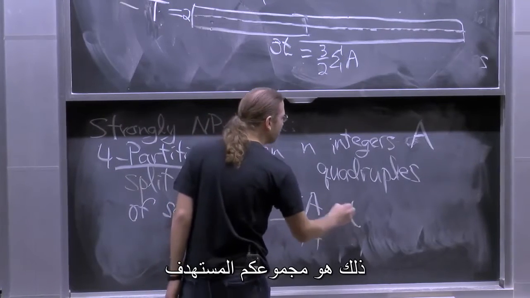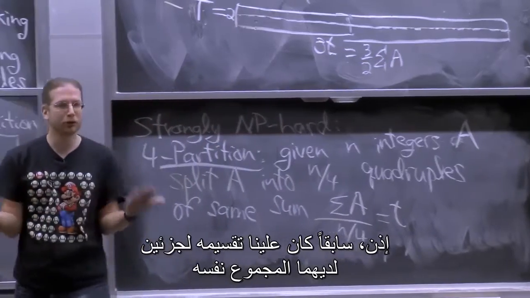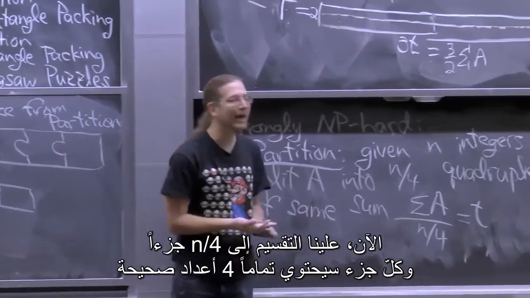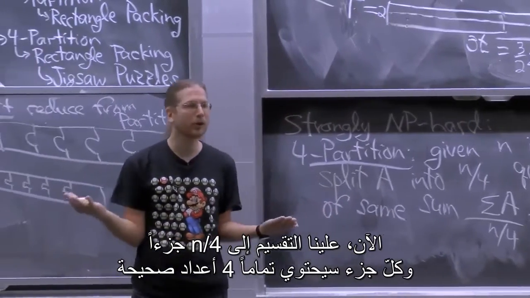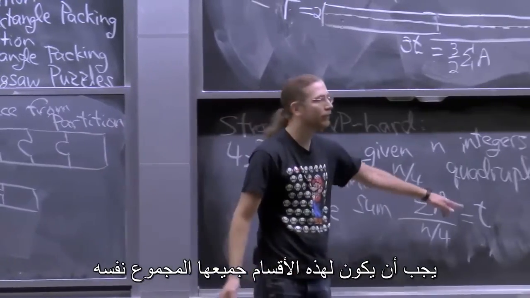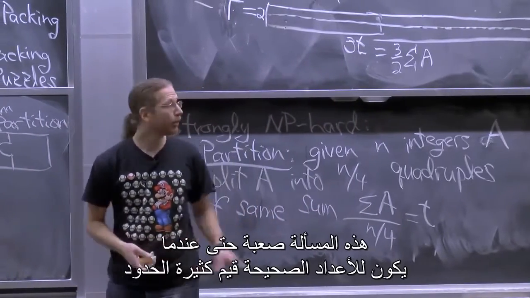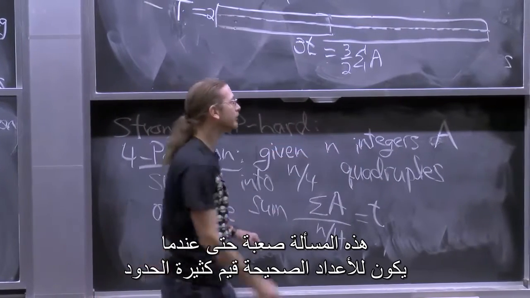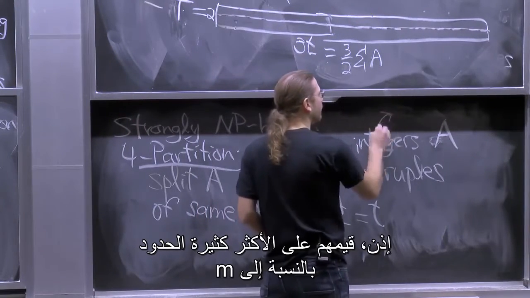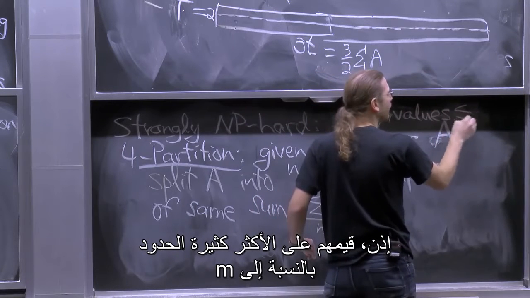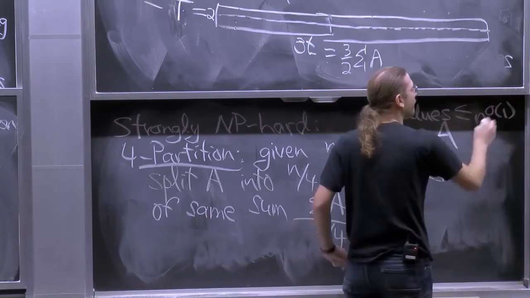That's your target sum. So before we had to split into 2 parts that had the same sum. That was partition. Now we have to split into n over 4 parts. Each part will have exactly 4 numbers, 4 integers, and they should all have the same sum. This problem is hard even when the integers have polynomial value. So the values are at most some polynomial in n.